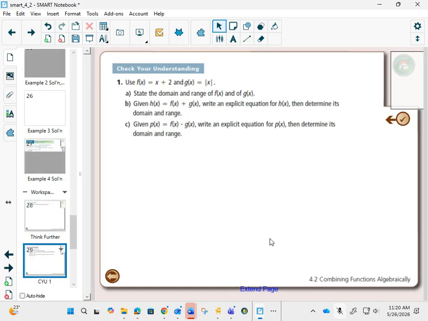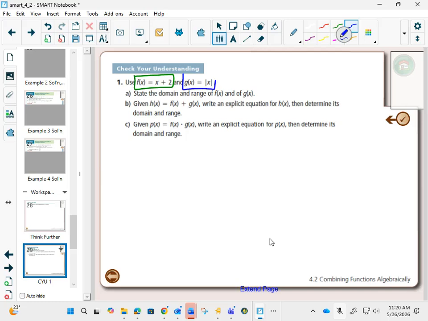Ooh, it's got a nice tough one to start with. F of x is x plus 2. G of x is the absolute value of x. So in your head, this last chapter really uses all of our skills from previous chapters.